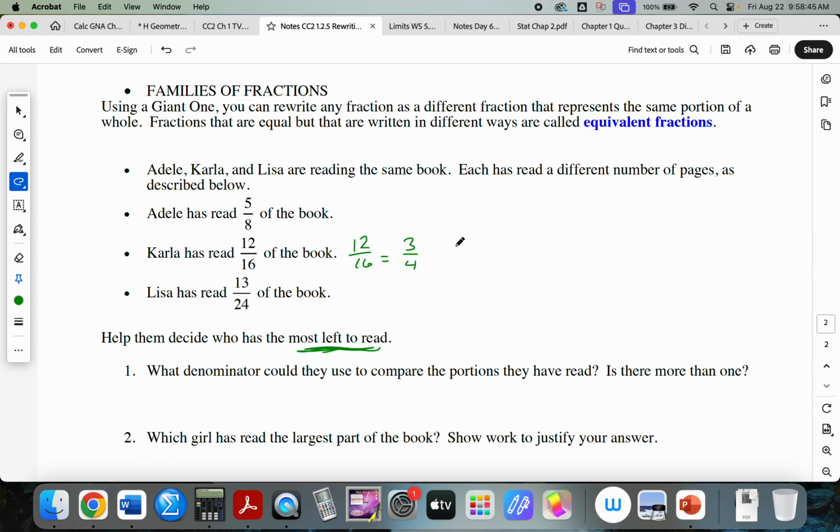So this is a theme that's going to run throughout a lot of the problems that we do this year. If you can reduce or simplify a fraction first, it's almost always to your advantage to do that. It's going to make life easier for you. Now, occasionally I have students who don't believe me, and they never reduce anything.